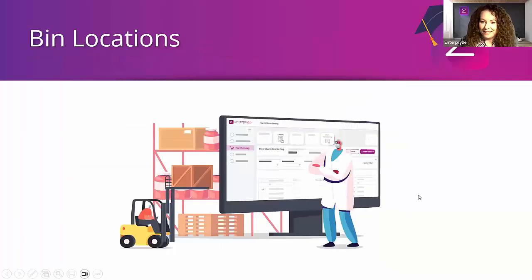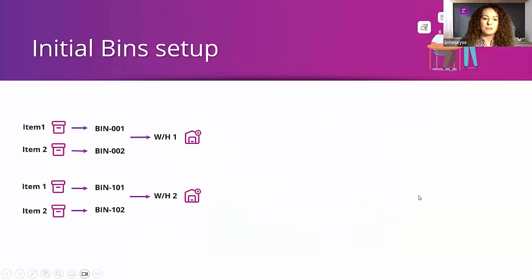Bin locations. So this is another way to store your items. So let's have a look at this visually, what a bin location means for a stock item. So a bin location really is an actual, so we're thinking of a warehouse. We're all familiar with the warehouse.